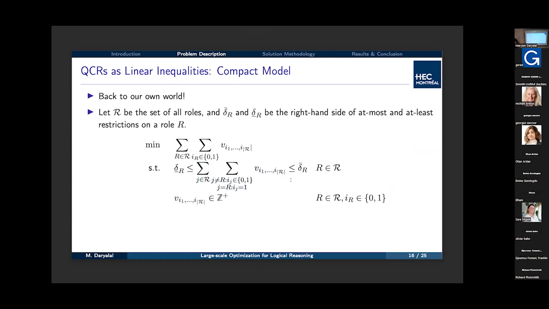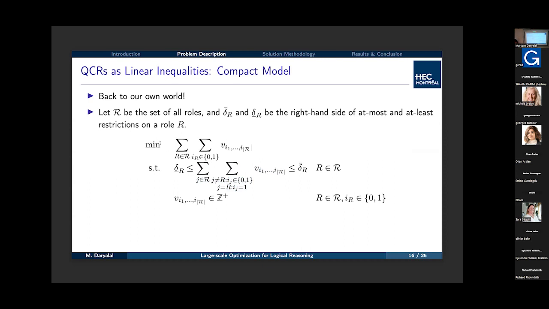If I have this set R of roles like this, for every role, I can define this restriction, if it exists, using those decision variables that tell me whether this particular role exists in that particular subpartition or not. So now the summation of these V variables should be less than or equal to the bounds that are given as cardinality restrictions.